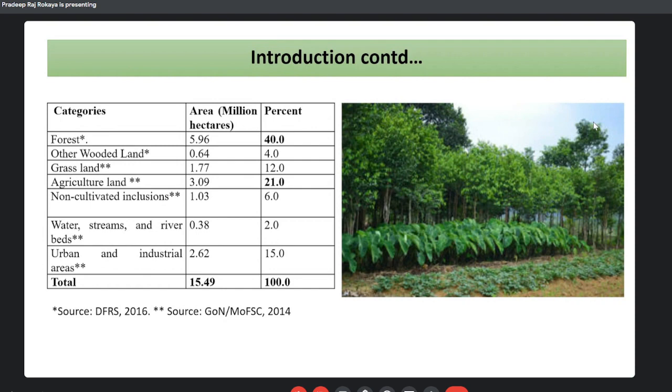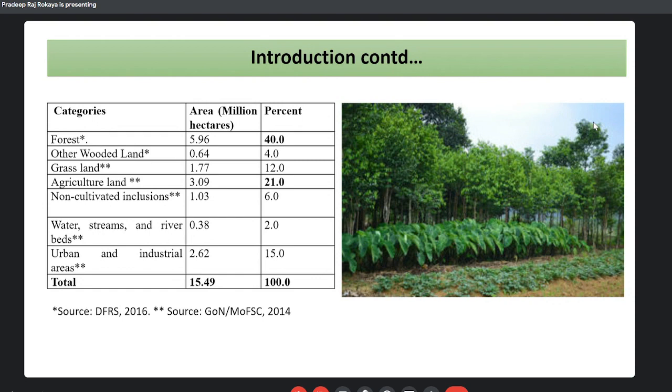Forest covers 40%, other wooded land 4%, grassland 12%, agricultural land 21%, non-cultivated inclusion 6%, water streams and river beds 2%, and urban and industrial area 15%, totaling 100%. This is how it is categorized. Forest is 40% and agriculture is 21%, so we are basically concerned with forest and agricultural land.